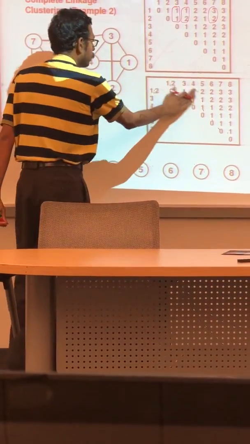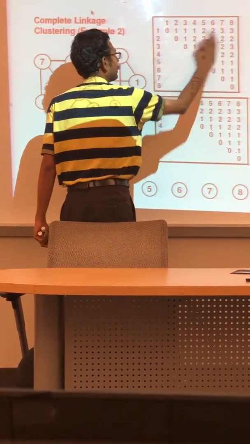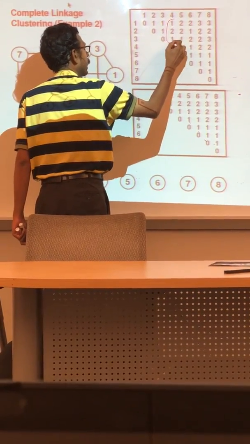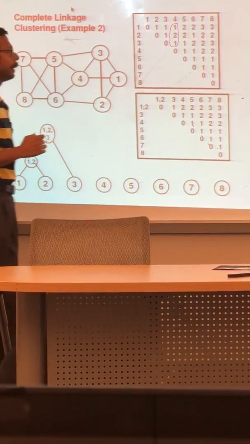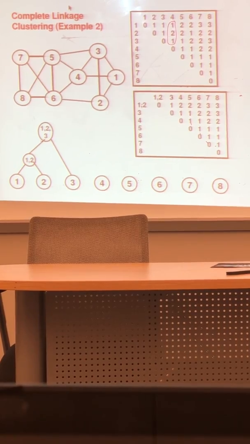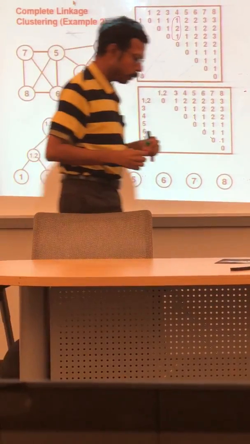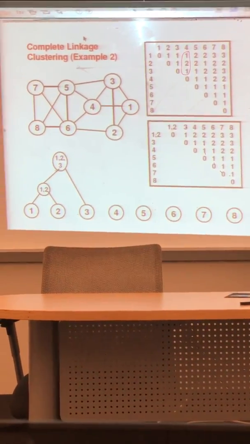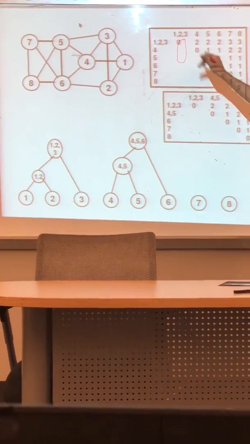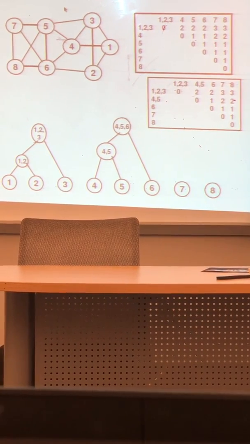So when you combine 1, 2, 3 as one cluster, the distance between 1, 2, 3 and 4 has to be based on the distance values in this block and so on, okay? So 1, 2, 3 is one entity now with 4, 5, 6, 7, 8.